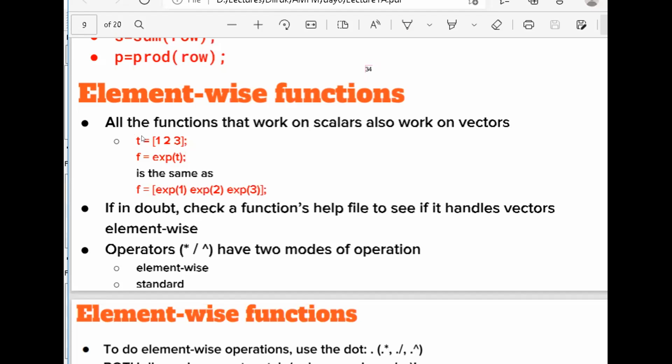If you define a row vector like this, then if you type exponential of this vector, it gives you this value here. You don't need to type one by one like this. Just type exponential of the entire row or entire matrix.